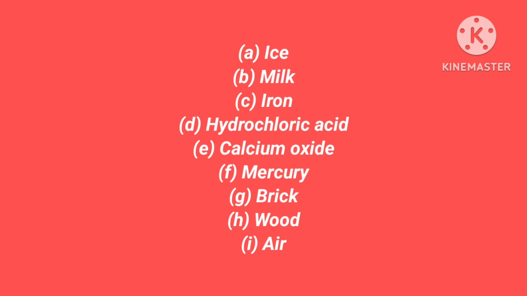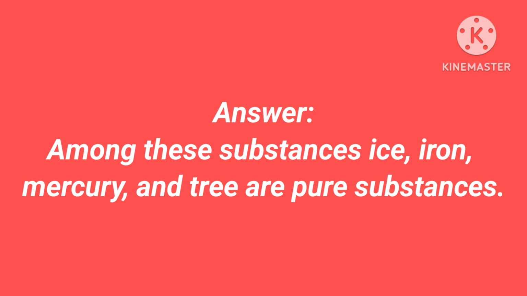Ice, milk, iron, hydrochloric acid, calcium oxide, mercury, brick, wood, air, and you could add so many more, one or more than that also, but in the question paper they have given such examples. Let me discuss which is pure and which is not pure.